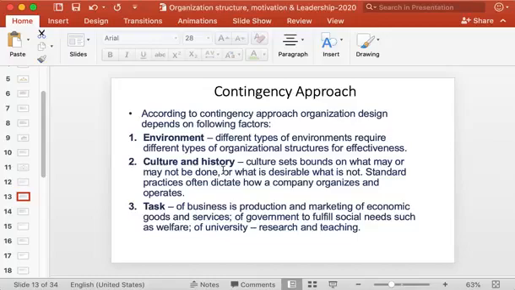So depending upon all these factors, organization design may be changed, or can be changed, or may be required to be changed to suit the changing circumstances and situations.